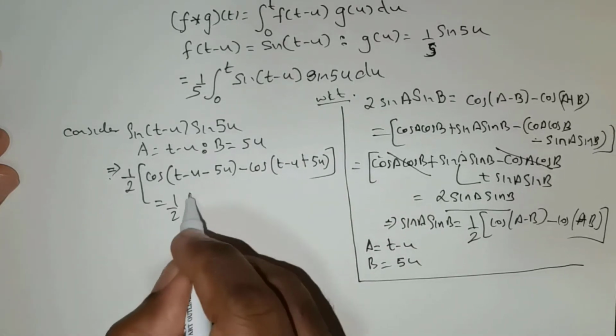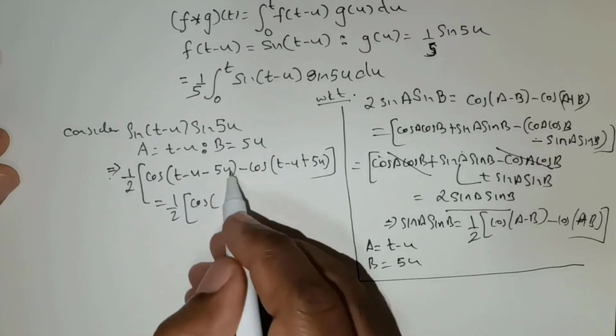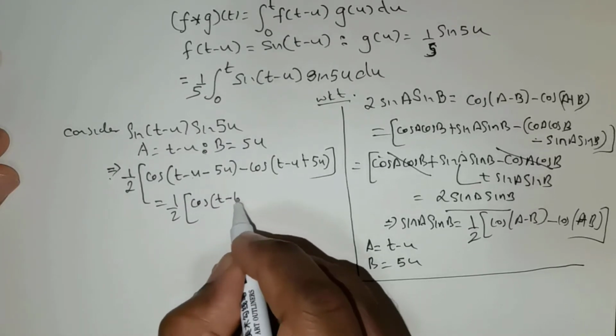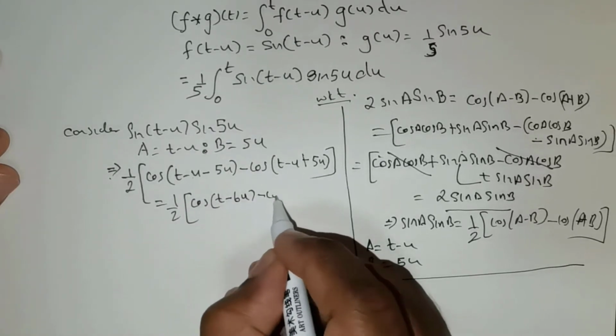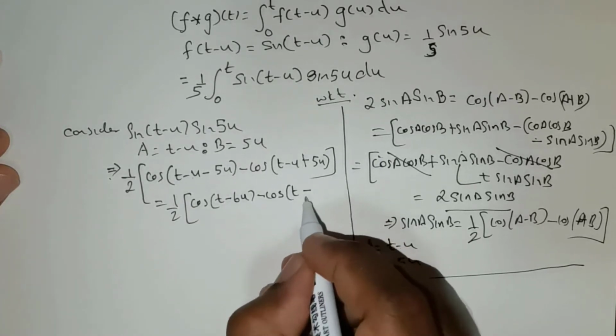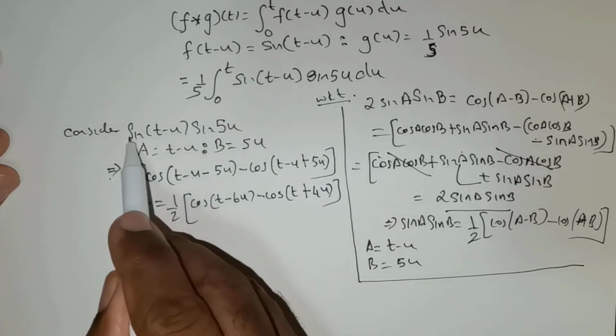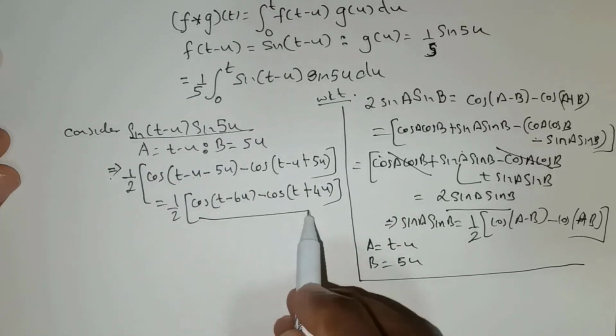I can rewrite this as half times cos of t negative u negative 5u. This is going to be negative 6u, negative cos of t negative u positive 5u. That's going to be positive 4u. So I will have to substitute instead of this.